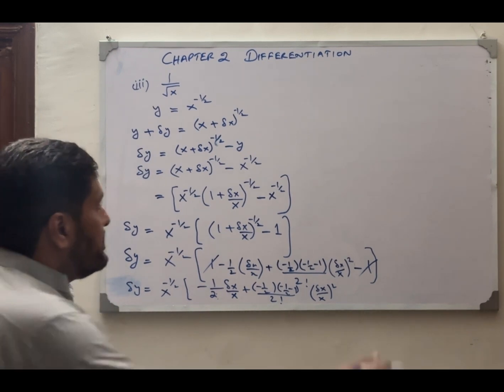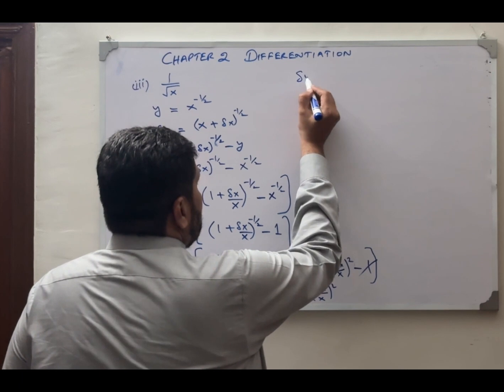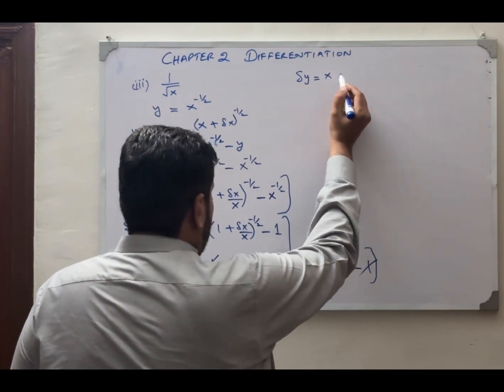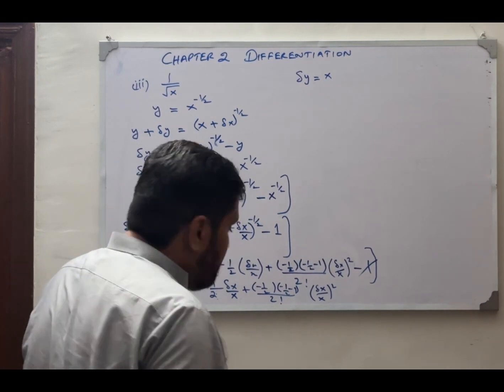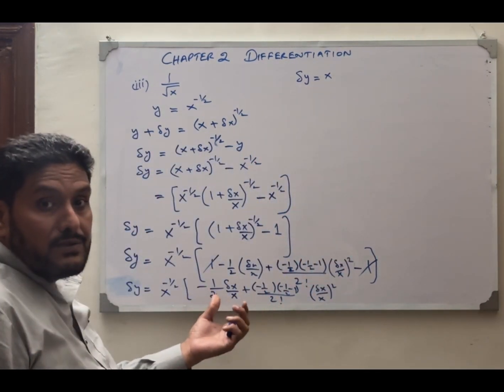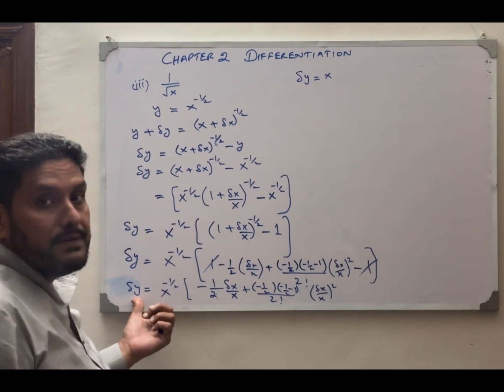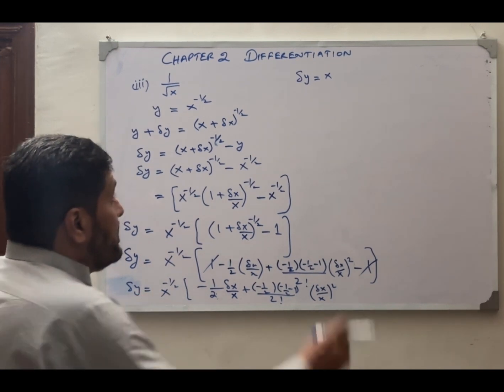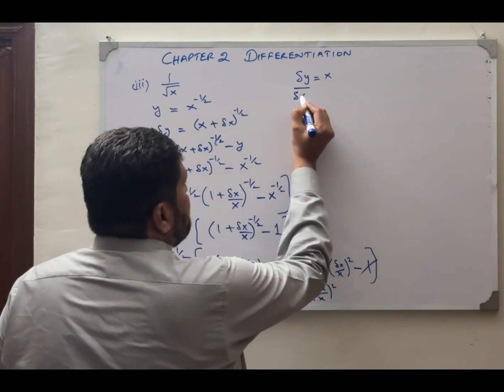Anyhow, we can write it in this way, delta y is equal to x power, we use the third step. I'm not going to repeat this one again. So by using the third step, we have to divide it by delta x on both sides of the equation. So on the left hand side, this will become delta y by delta x.